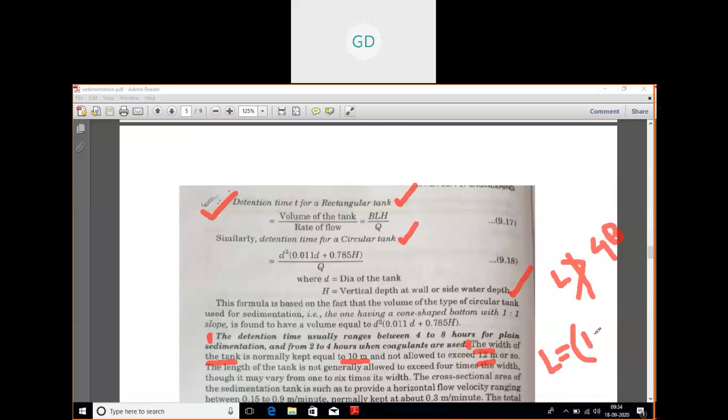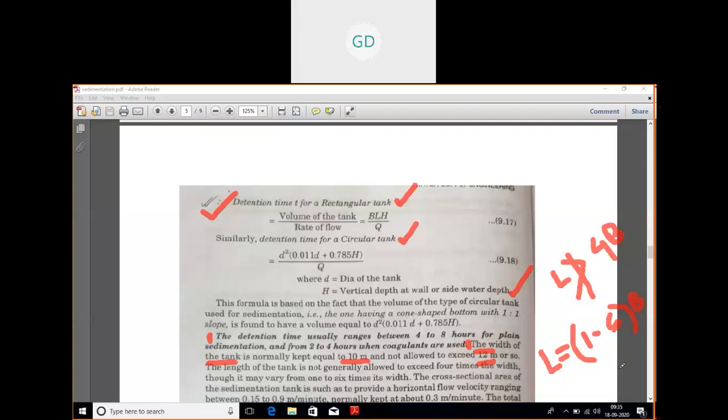That means the length of the tank can be 1b, 2b, 3b, 4b, 5b, like that up to 6b.